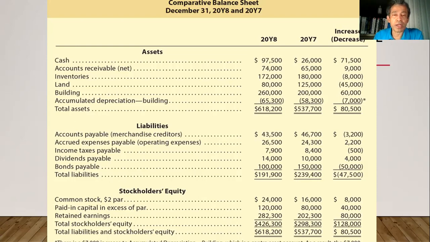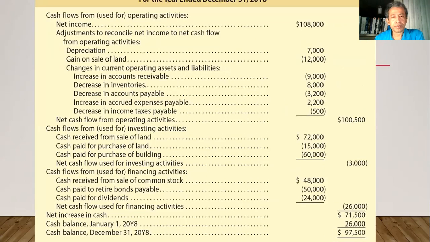So that means the other 28 was dividend. Your retained earnings would have gone up by 108, but went down by 28 because of dividend. So that's why the net change is only $80,000. Well, so that's our comparative balance sheets.